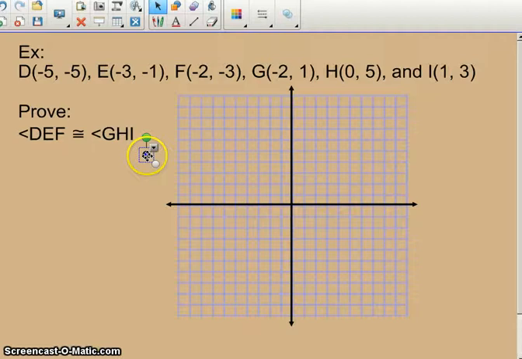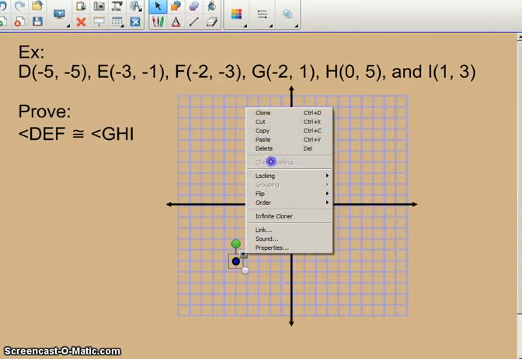I'm going to go ahead and plot the points that are given to us. We got D at -5, 5. So I'm going to come over here, left 5 and down 5. So there's that one.